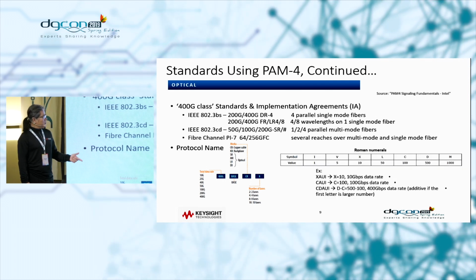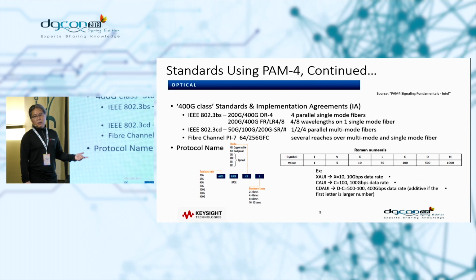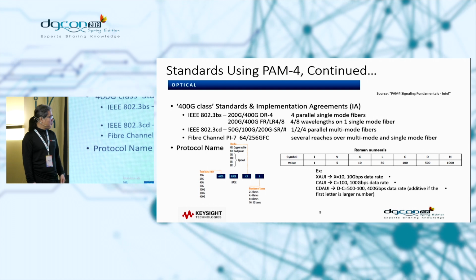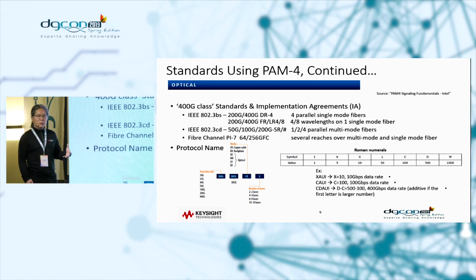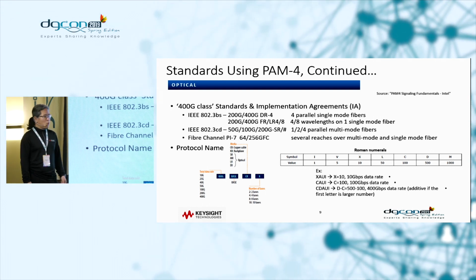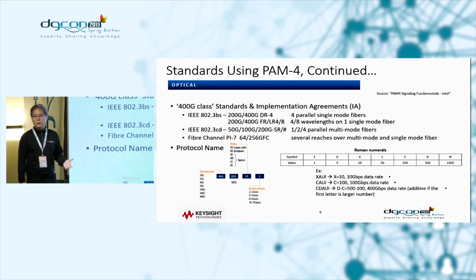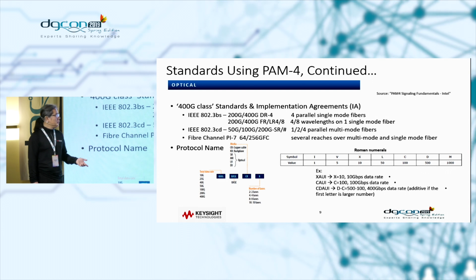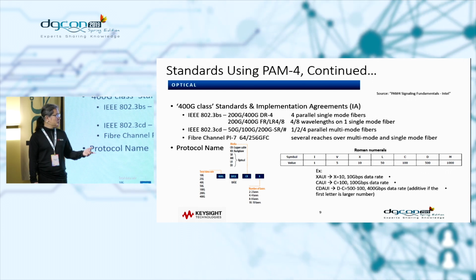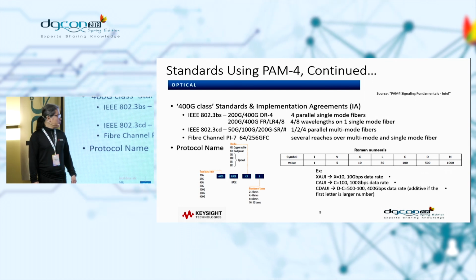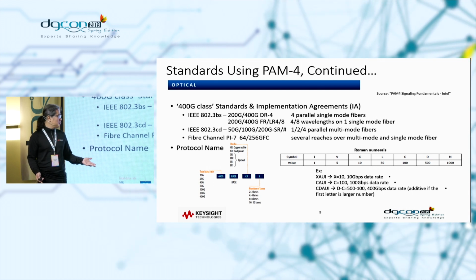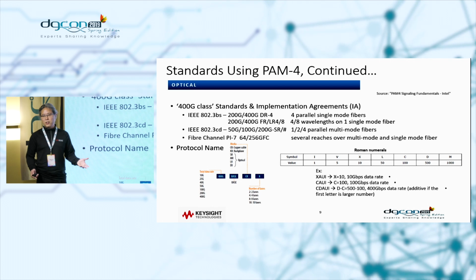Then we can start to look into somebody calls XAUI or somebody calls CAUI or CDAUI. These are all interesting names, but everything is based on the Roman numerals. So as we all know, X stands for 10, C stands for 100, D stands for 500. So XAUI means basically a 10 gigabit system.